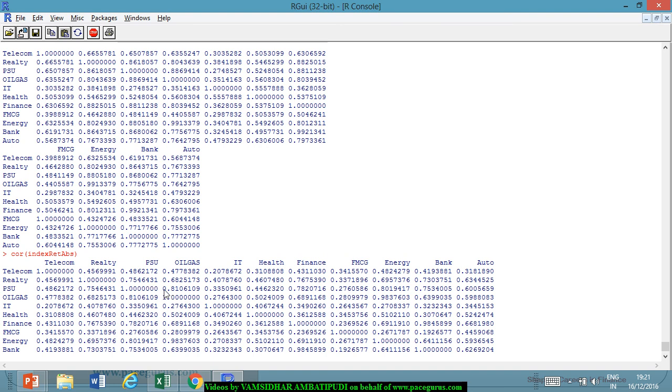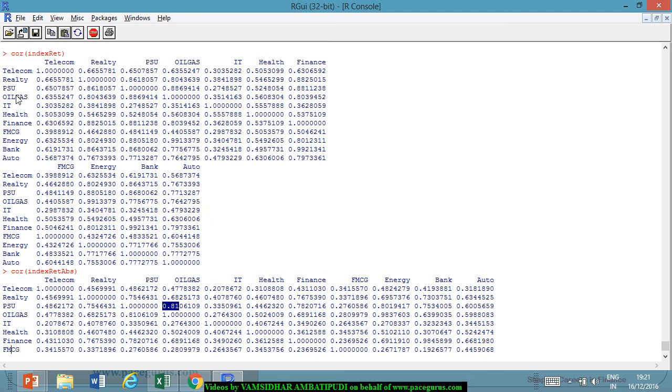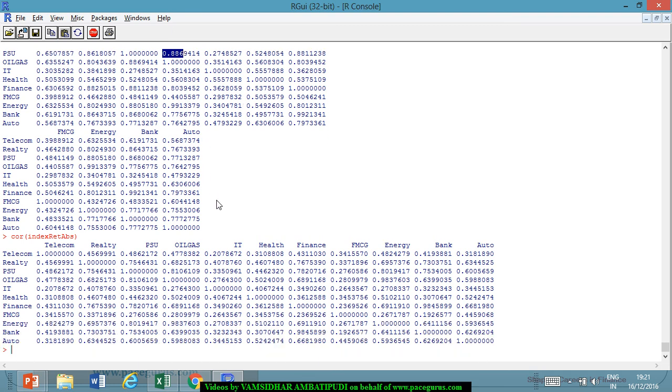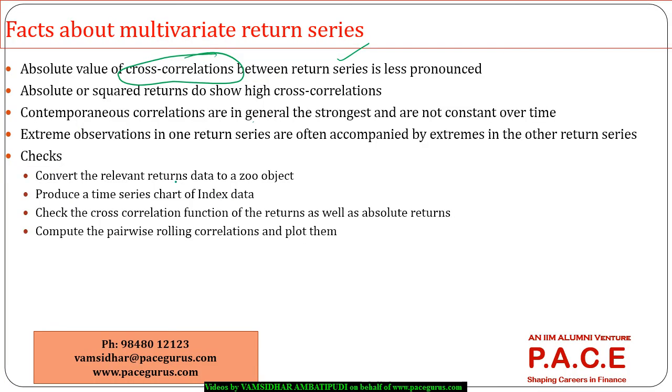PSU versus oil and gas, almost 81% correlation here, whereas for PSU and oil and gas here it is 88. So in the normal terms itself the correlations are much higher compared to the absolute values, but that's a typical trend that we see with the multivariate time series.